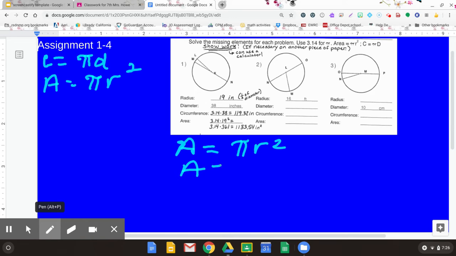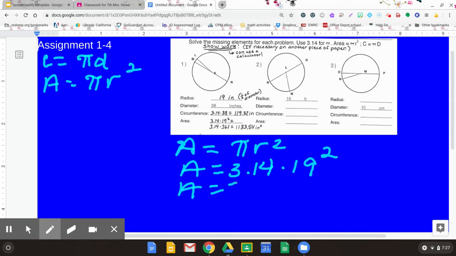So the area equals 3.14 times, and then again, the radius is half the distance of the diameter, or from the center point out. So the radius is 19, half of 38, and we're going to square that.